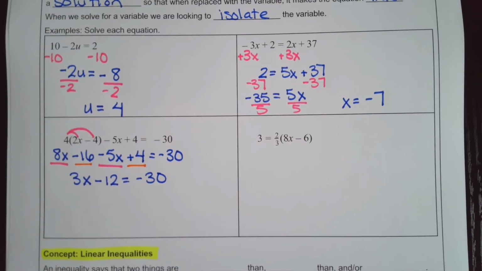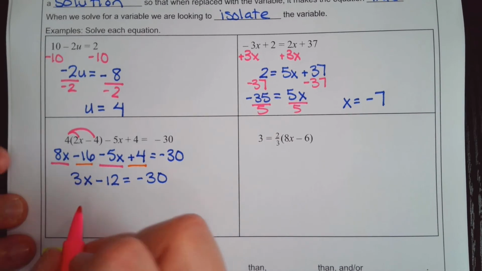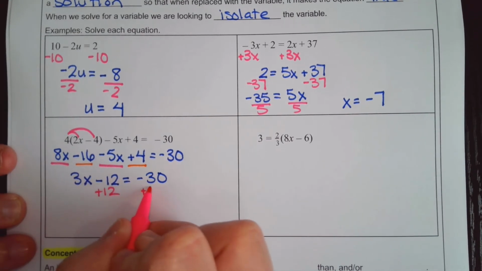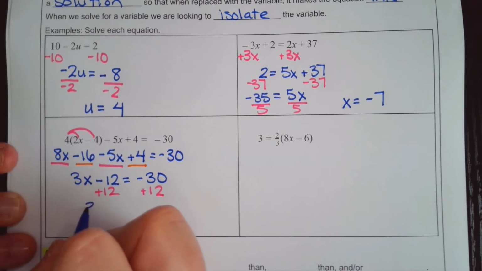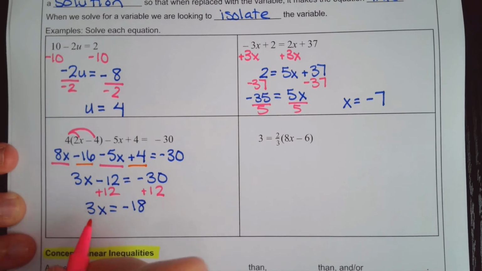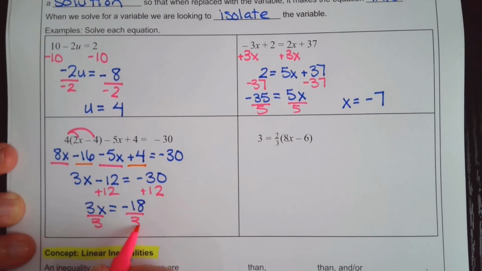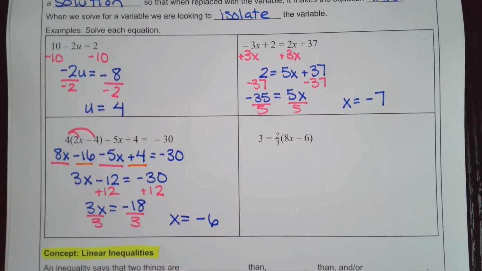Now we have it to an easy to manage equation that we can solve. Add 12 to both sides. So 3x is equal to negative 18. And then divide by 3. So x is equal to negative 6.